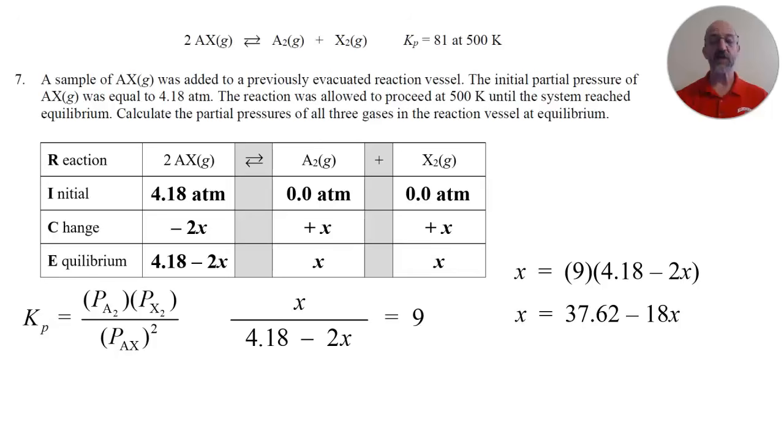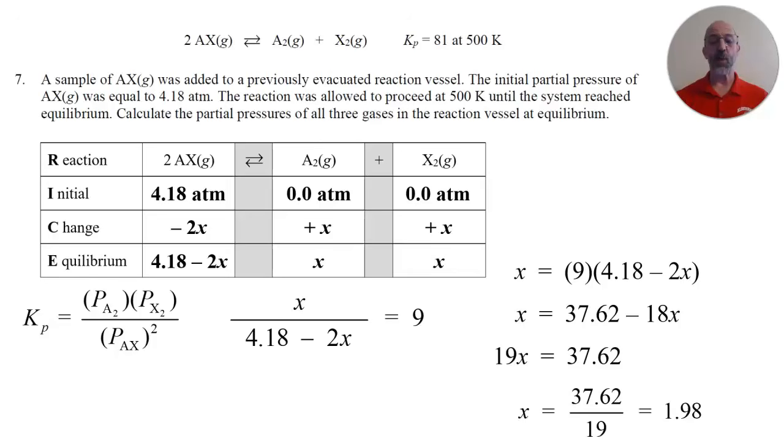The next thing that I will do is add 18x to both sides of this equation. So I get 19x is equal to 37.62, and then x is equal to the number 37.62 divided by 19. And when I do that math, I get that x is equal to 1.98.